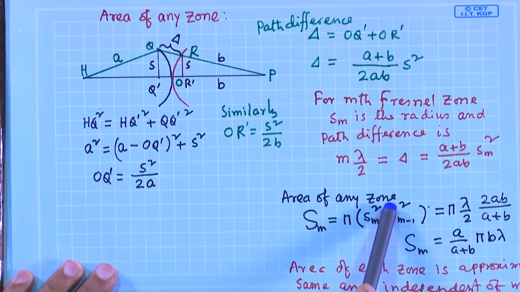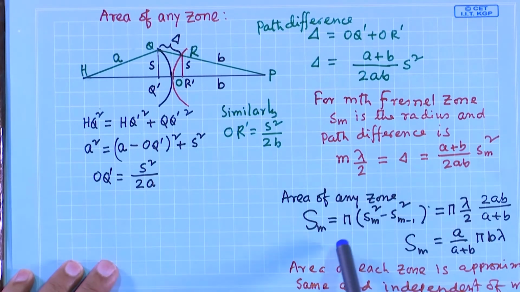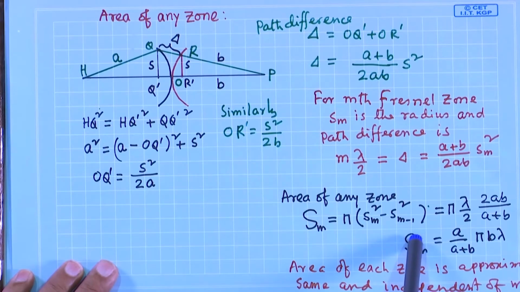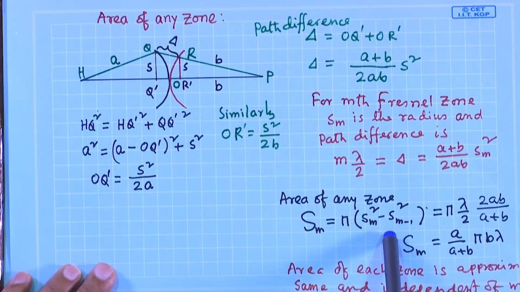So this is the area of any zone. We have written capital S for the mth zone, the difference between these two successive areas.